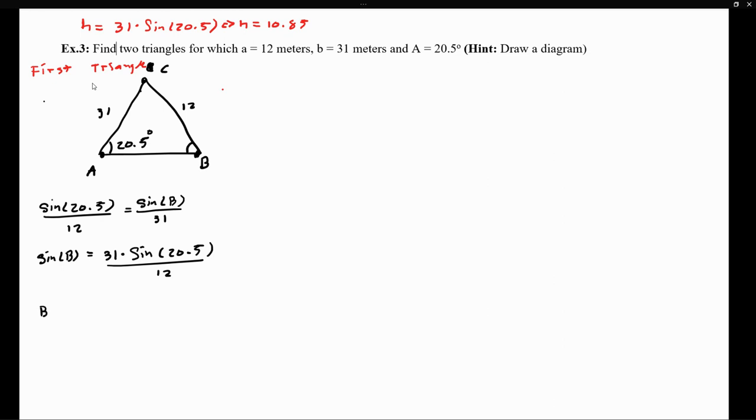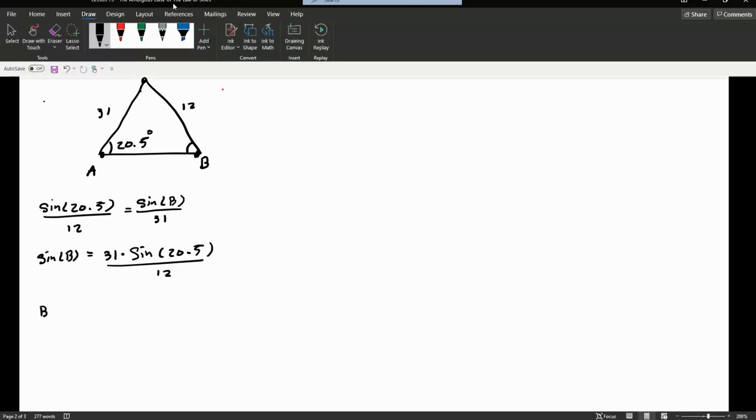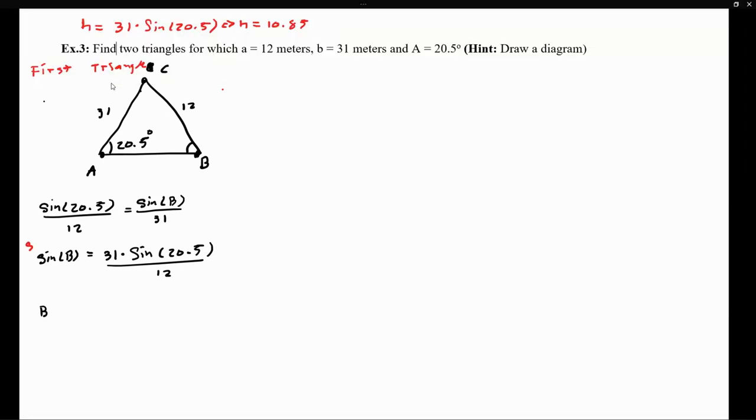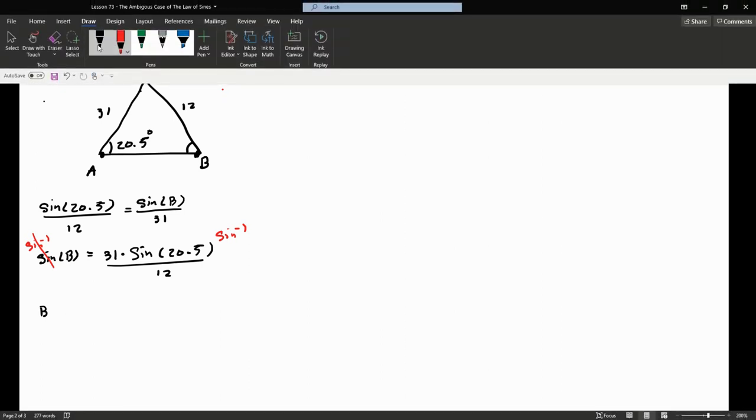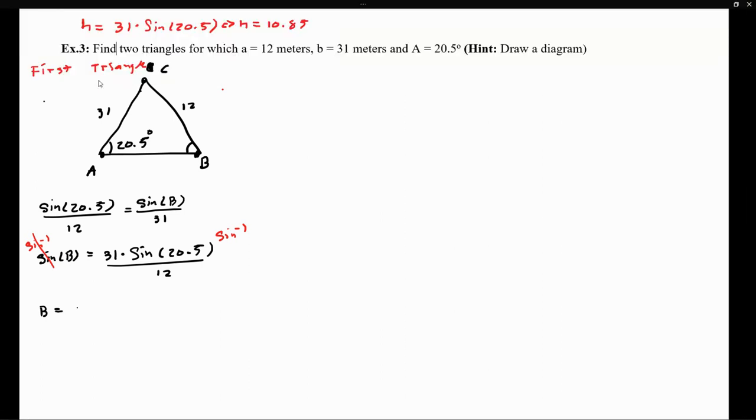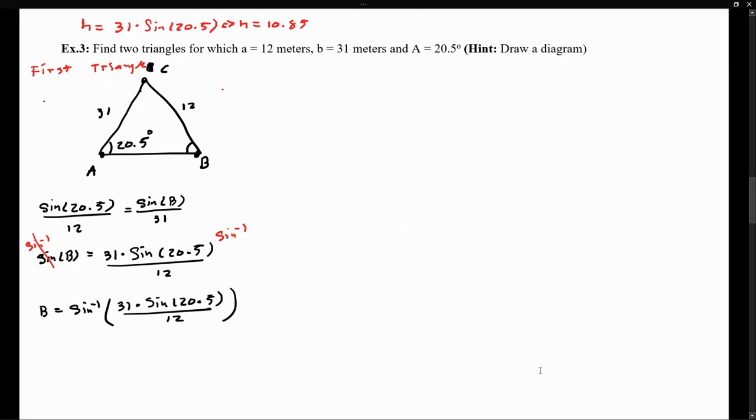And just like we did in the previous example, once you have it in this form, we multiply by the inverse of sine on both sides. So that way, by the cancellation law, b stays by itself. So now we know that b is equivalent to the inverse sine of 31 times the sine of 20.5 all over 12.